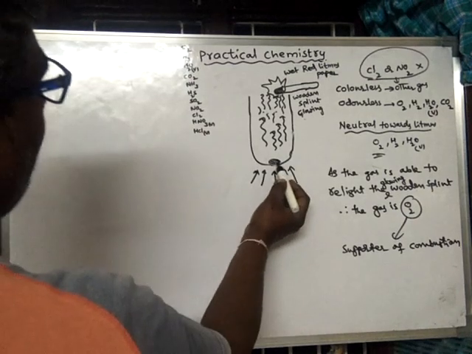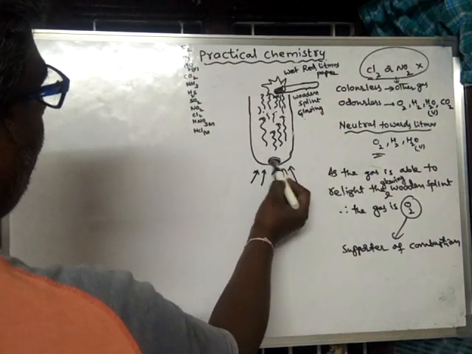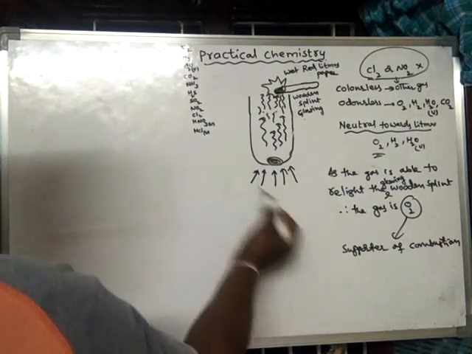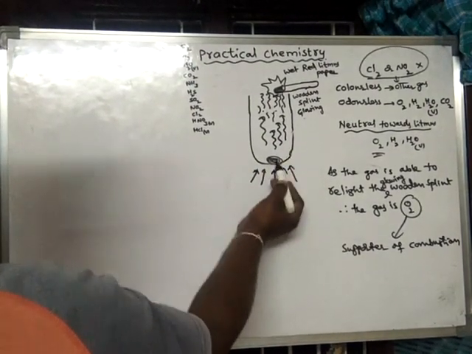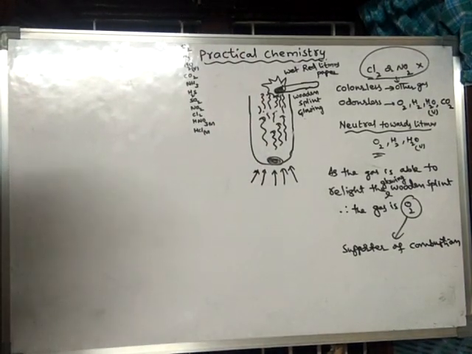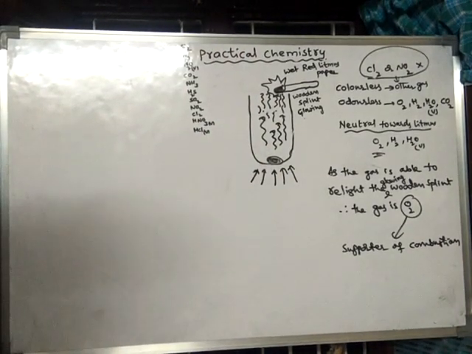Now from this we can conclude what this material is. As this material is able to evolve oxygen gas, which materials generally evolve oxygen gas?